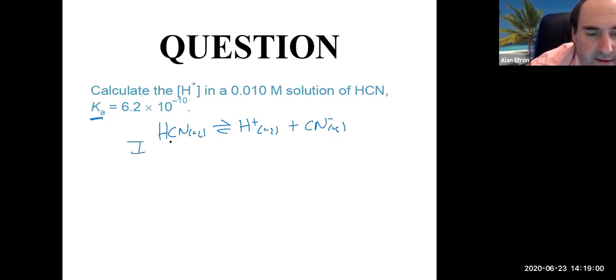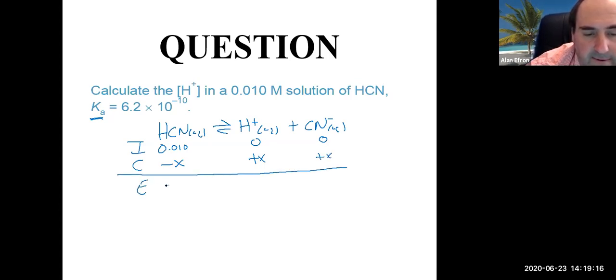We're only given the concentration of HCN, which is 0.01. Nothing on these guys, so we'll assume 0. That also lets us safely assume that we're going left to right here, and our x's will look like this. That means at equilibrium 0.01 minus x, x, and x.